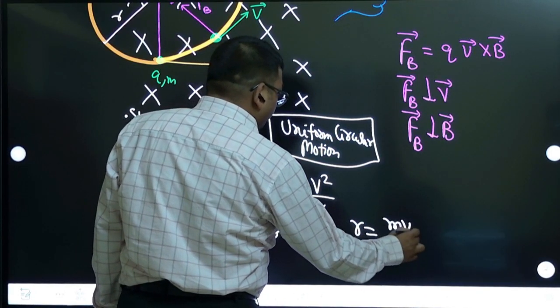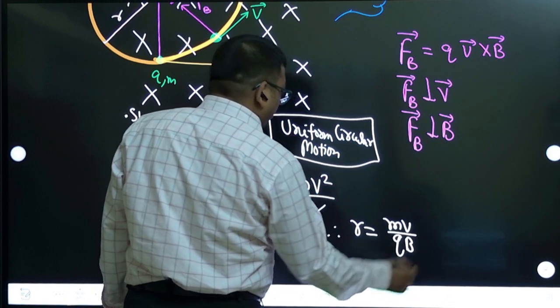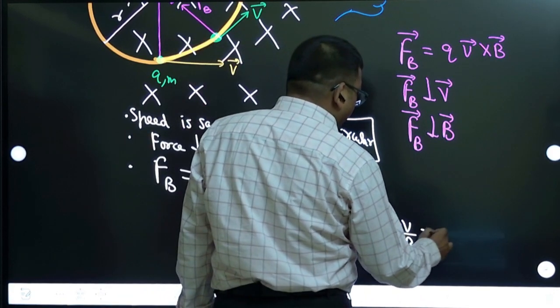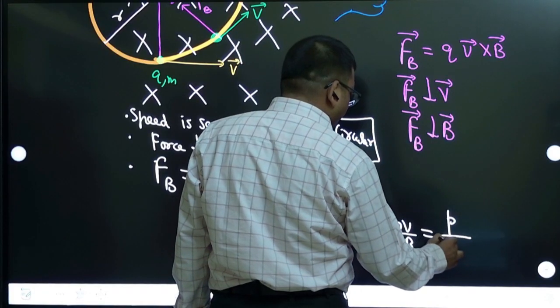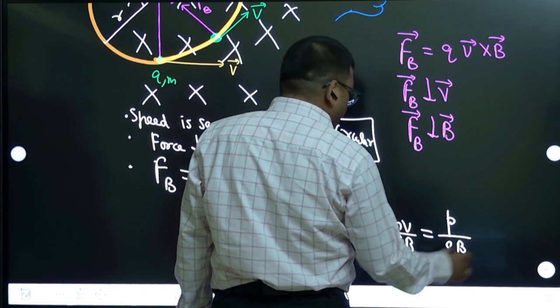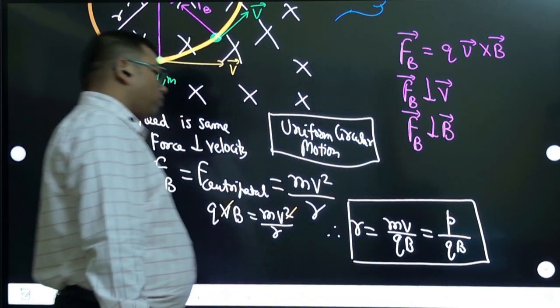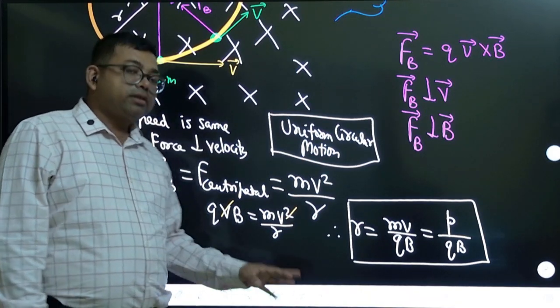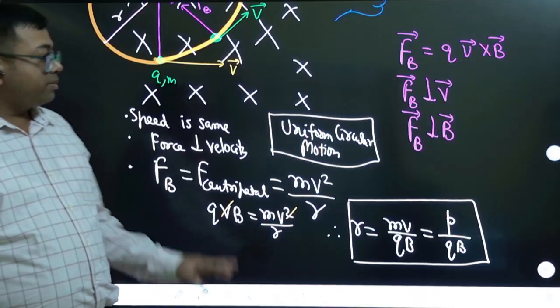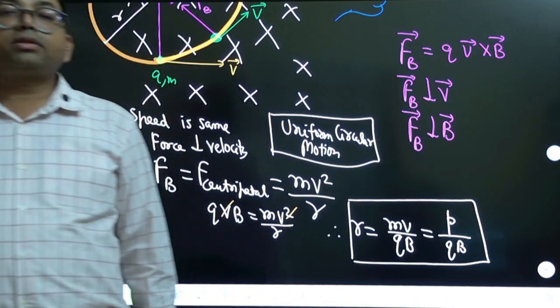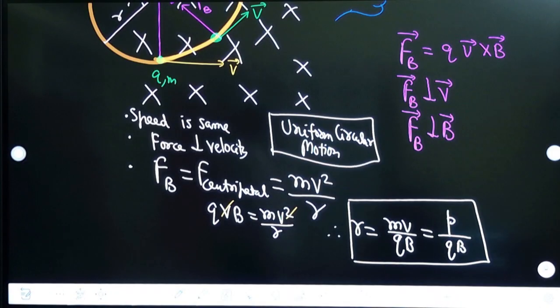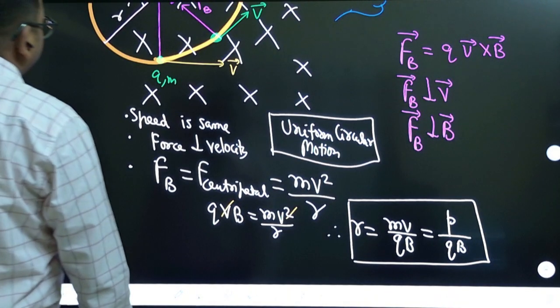Radius is mv by qB. And this mv is nothing but momentum, magnitude of momentum. Okay, momentum is a vector, but this is the magnitude of momentum. So momentum divided by qB, or mv by qB, that's the radius of the uniform circular motion.